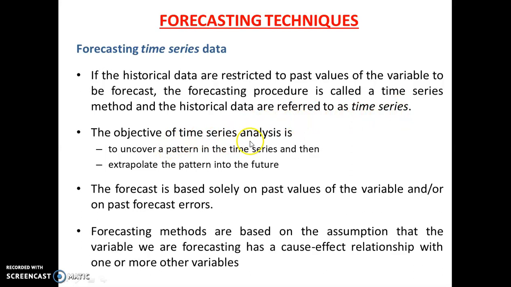The objective of time series analysis is to uncover a pattern in the time series and then extrapolate the pattern into the future. The forecast is based solely on the past values of the variable and/or past forecast errors. Causal forecasting methods are based on the assumption that the variable we are forecasting has a cause-effect relationship with one or more other variables.